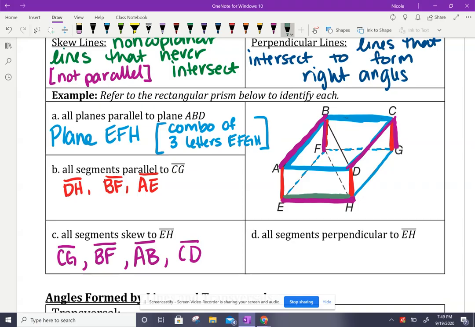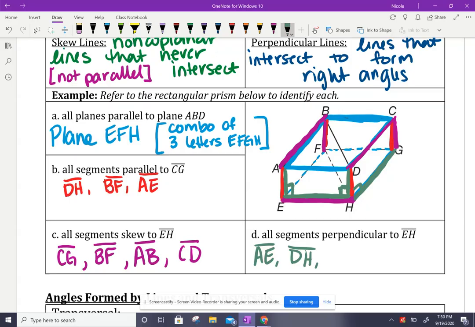So segments that are going to be perpendicular, since this is a rectangle, I know that the corners make right angles. So both AE and DH will make right angles with it, as well as the pieces down here on the bottom, GH will make a right angle with it.